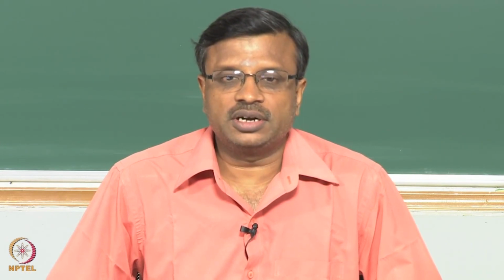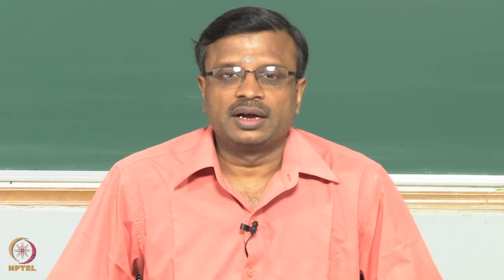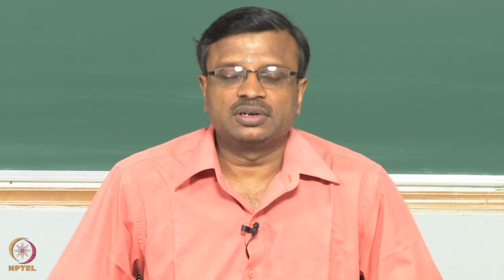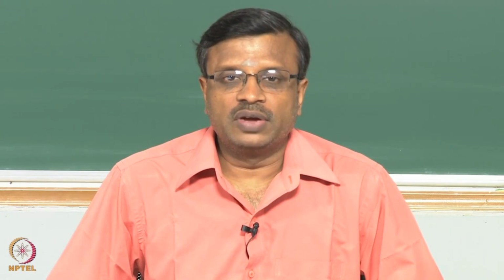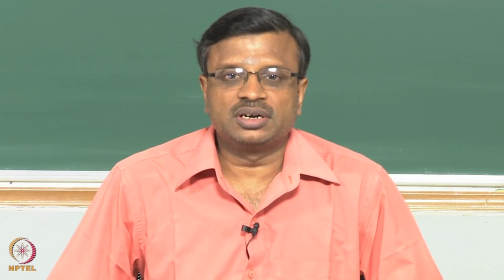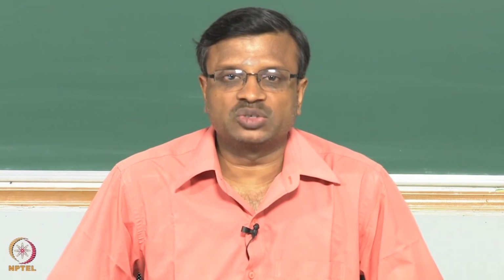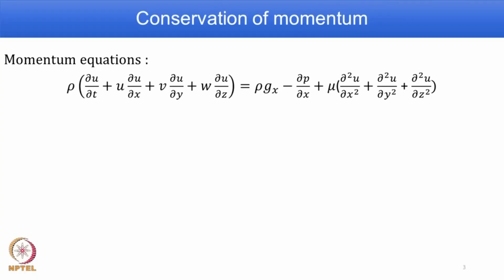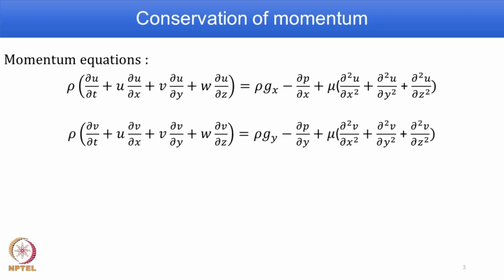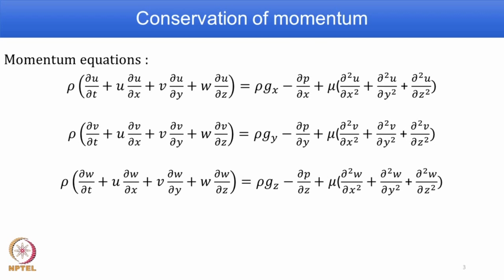So, we first did conservation of mass or continuity equation, then we went on to momentum equation, which is called conservation of momentum, and we have written a momentum equation in both vector form as well as in scalar form, and that is repeated here, all the 3 components of the momentum equation, and we know this is also called Navier-Stokes equation.